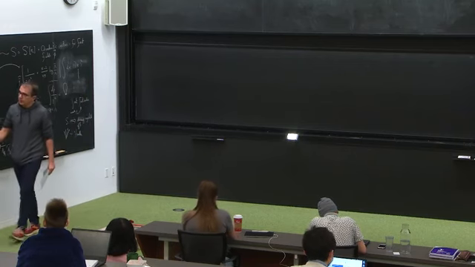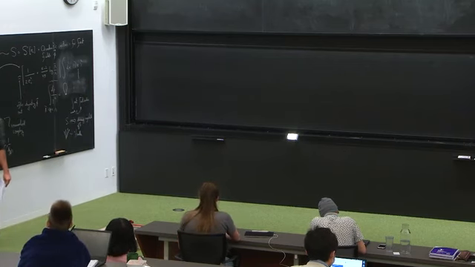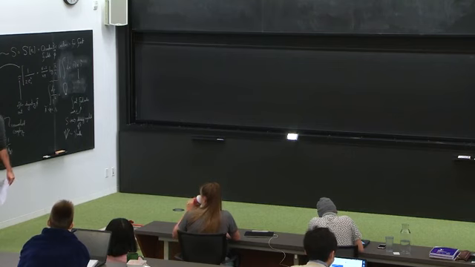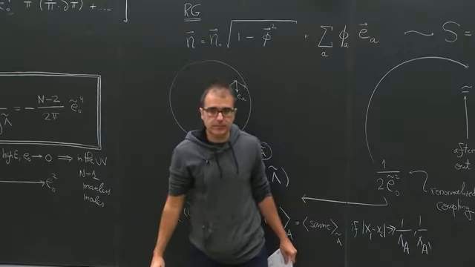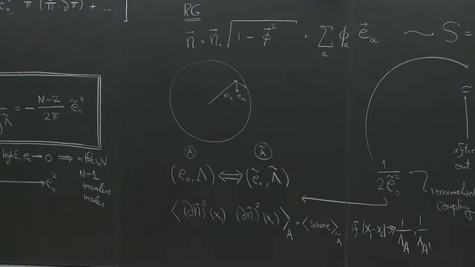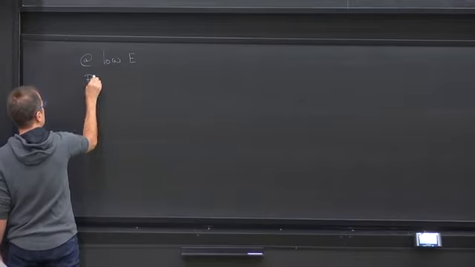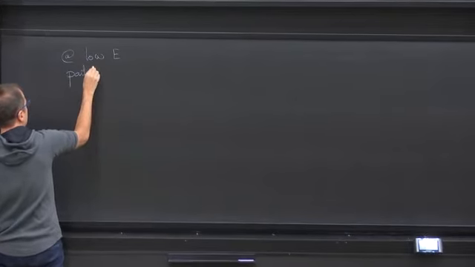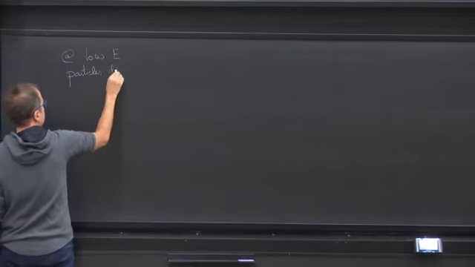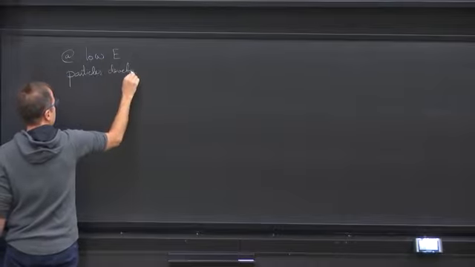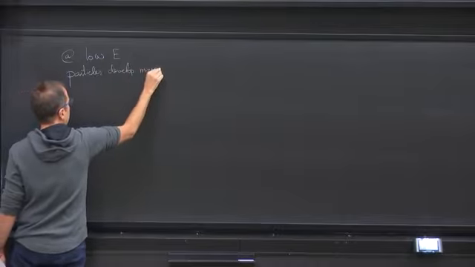You would have to work harder to understand that what happens is that the particles are not massless, but they gain some mass. So the idea is that at low energy, these particles develop some mass m.